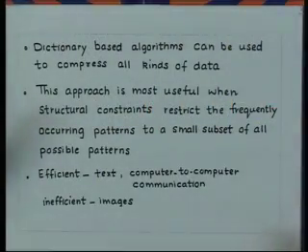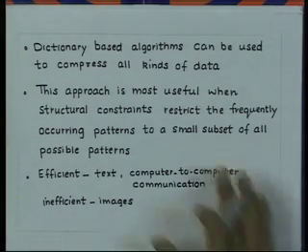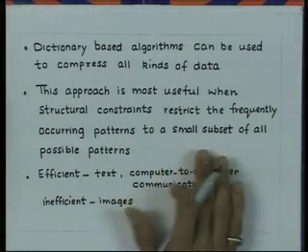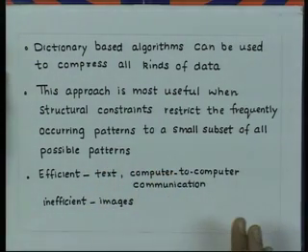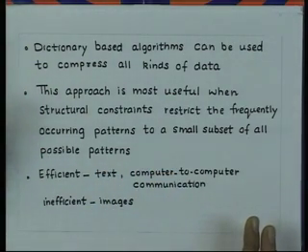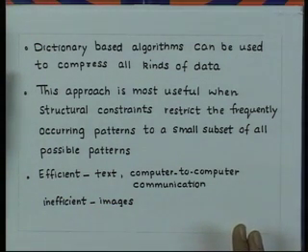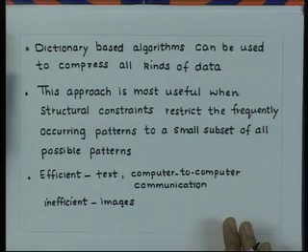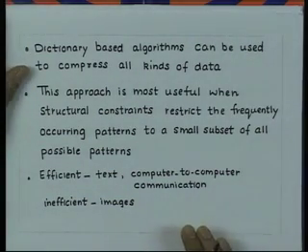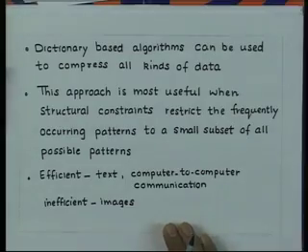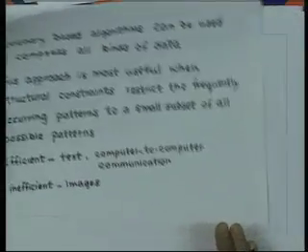This approach is most useful when structural constraints restrict the frequently occurring patterns to a small subset of all possible patterns. These techniques are very efficient for text and computer type of communication, but they are not very efficient for images.